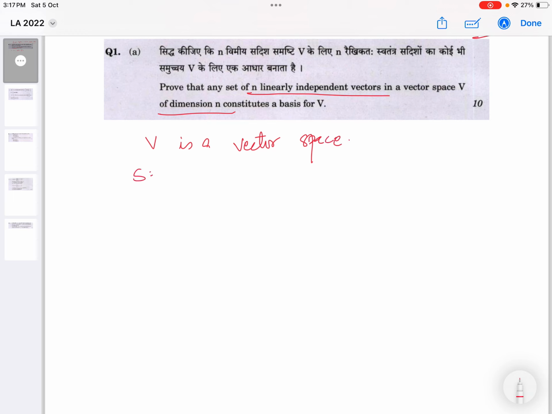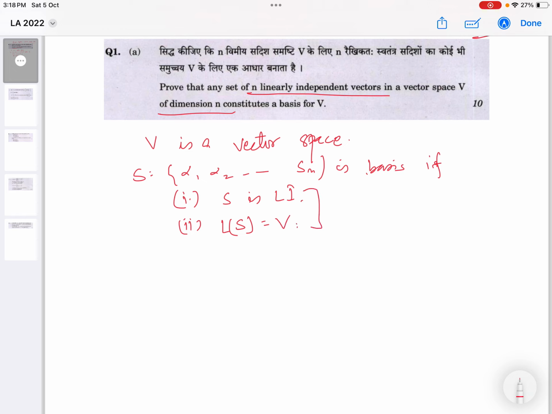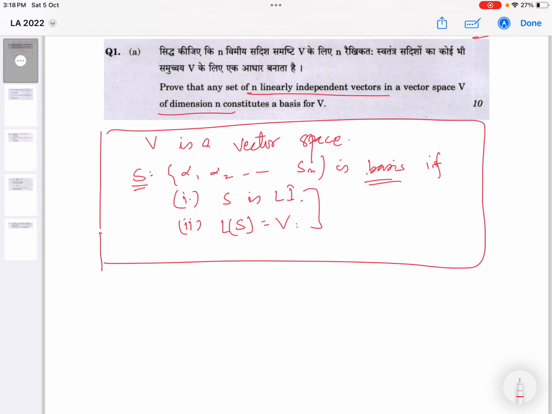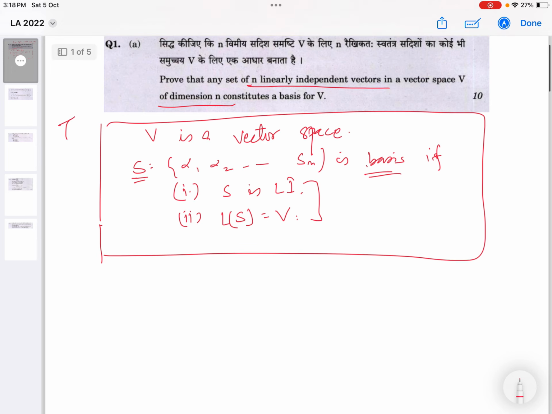S is equals to, let's say, alpha 1 up to alpha n is a basis if one, S is linearly independent. दूसरा condition is the linear combination of S is V. If these two conditions are satisfied, we can say that S is basis for V. So we will be using this to prove this. This is the definition.